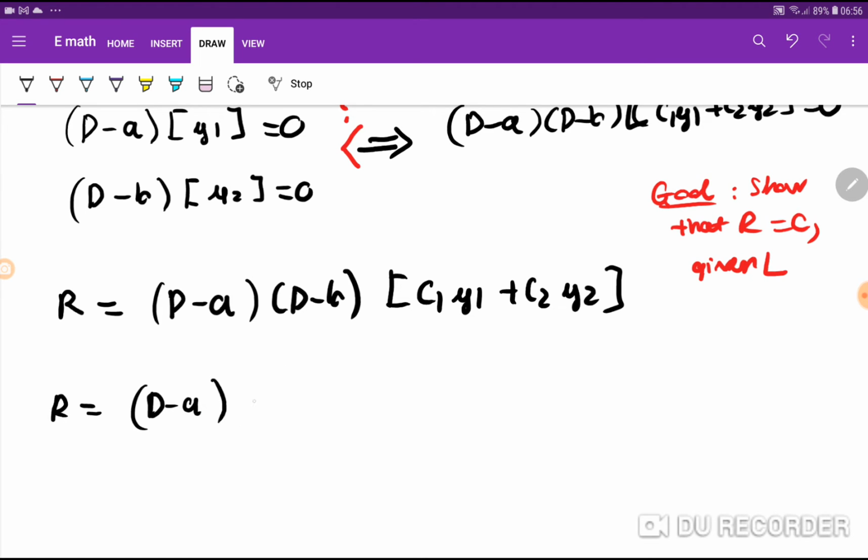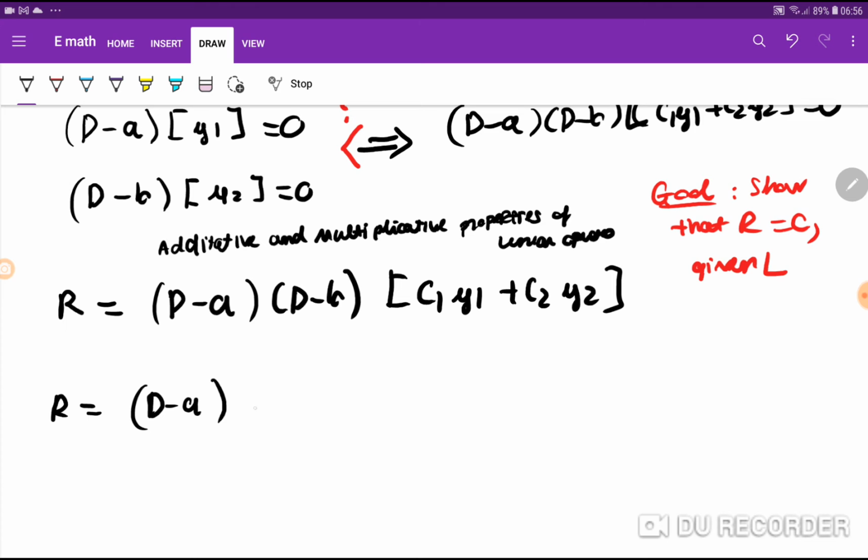I'm using the additive and multiplicative properties of linear operators.